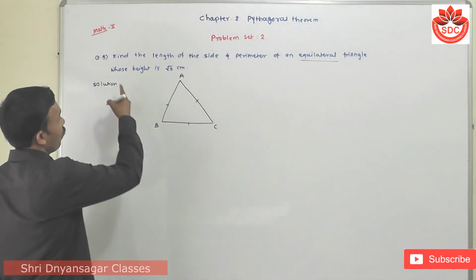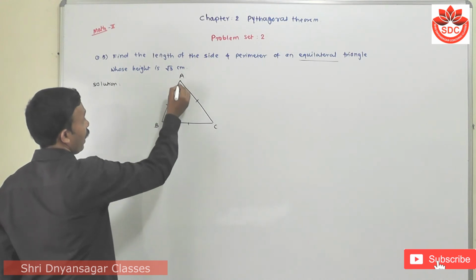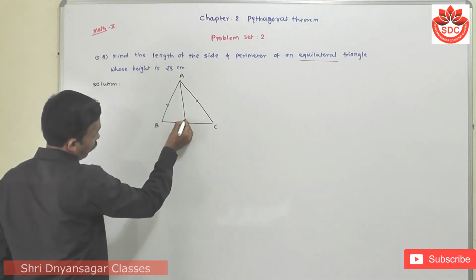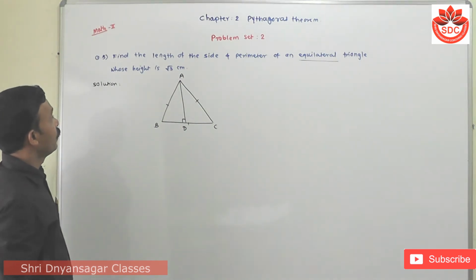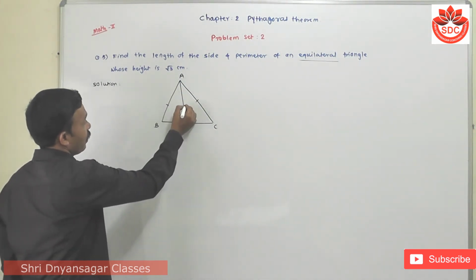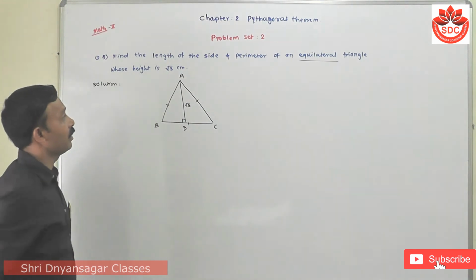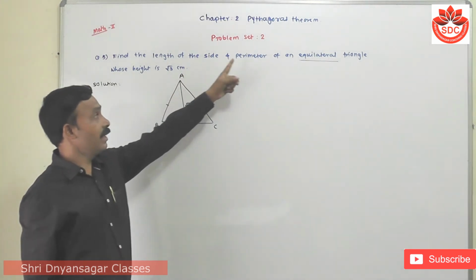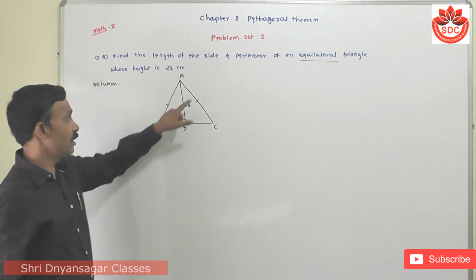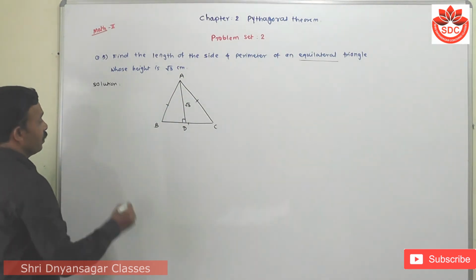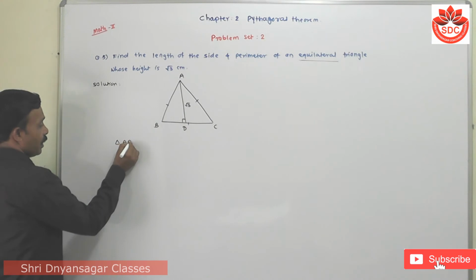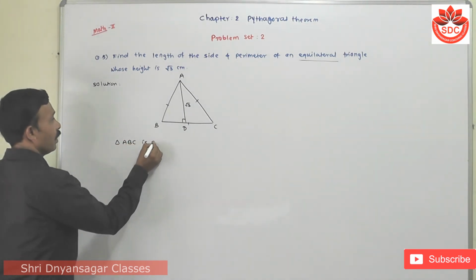Here we have to give one height, which means I have to draw one perpendicular height here. Then the length of that height is given here, root 3 centimeter. We have to find out its side and the perimeter, meaning AB, BC, AC and the perimeter of this equilateral triangle. So here triangle ABC is an equilateral triangle.